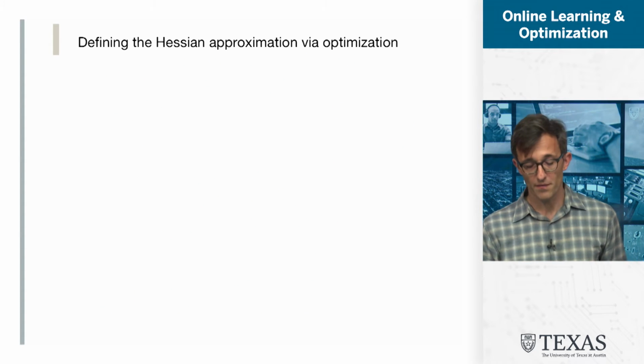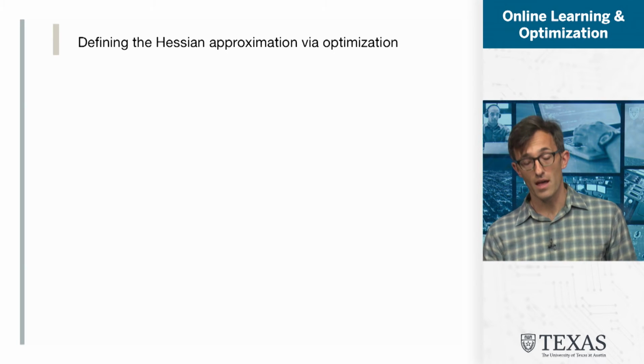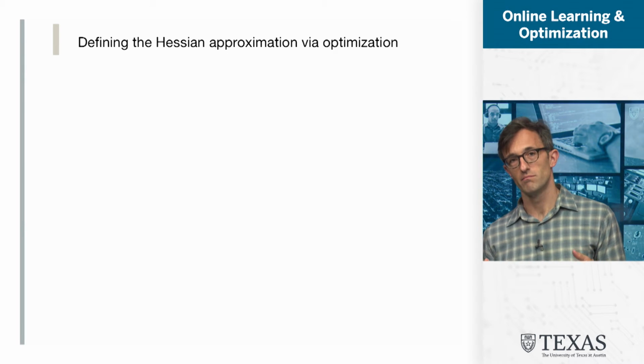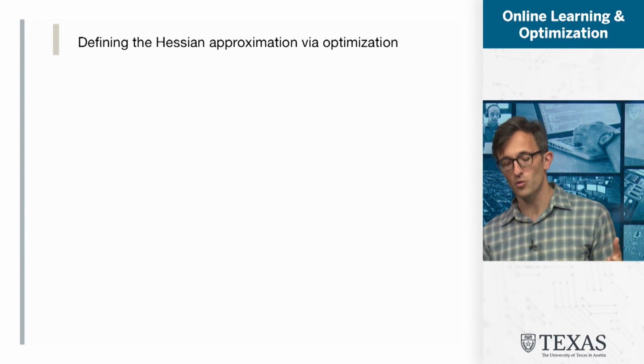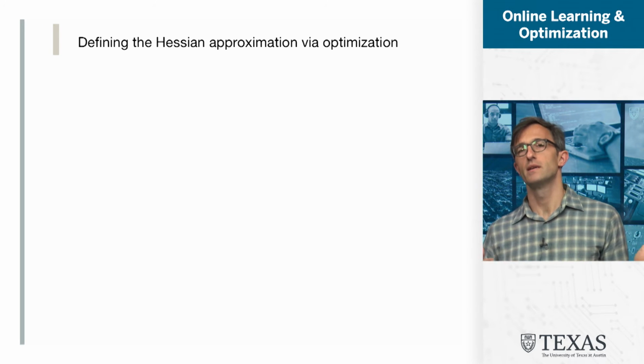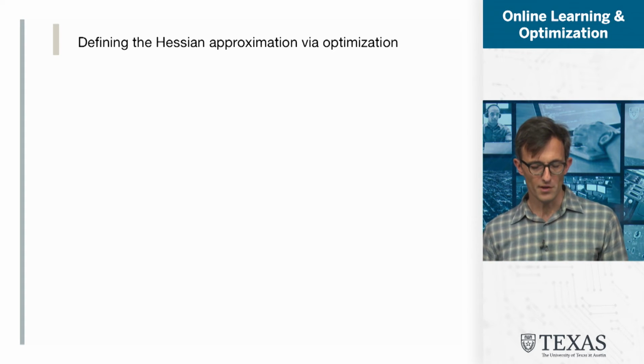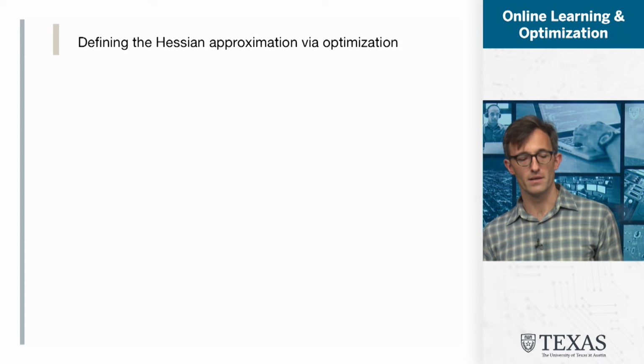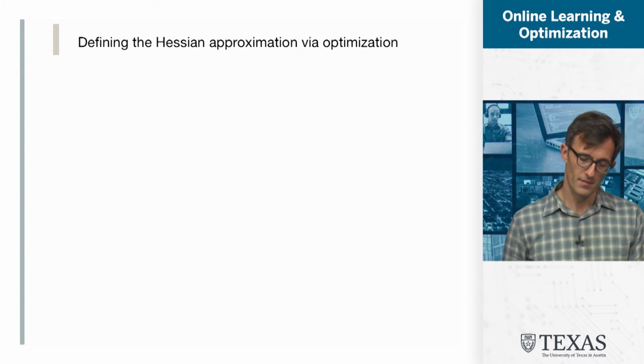So now let's see how this is going to help us define a good choice of B_k. B_k is an n by n matrix. There are order n squared degrees of freedom. I say order because it has to be symmetric. So just giving that one secant equation is not uniquely going to define B_{k+1}.